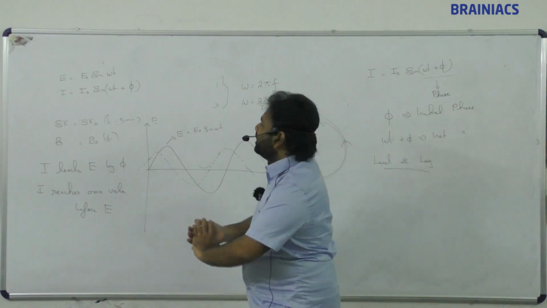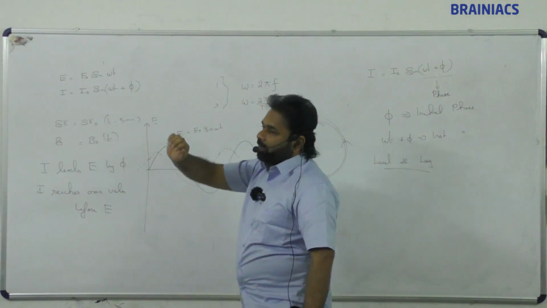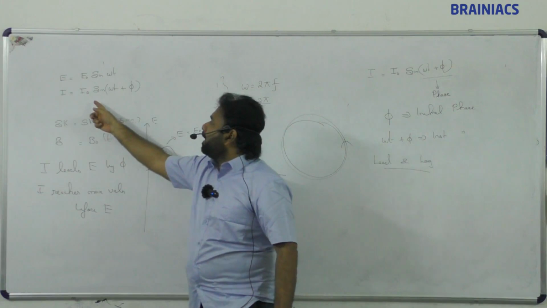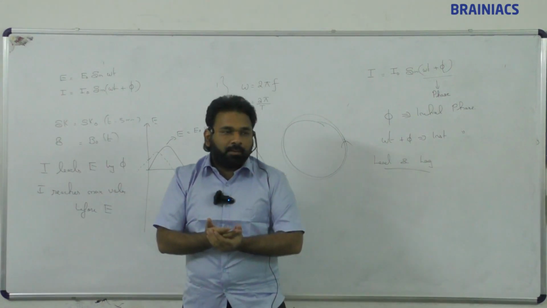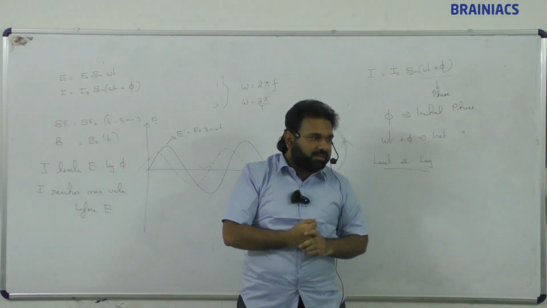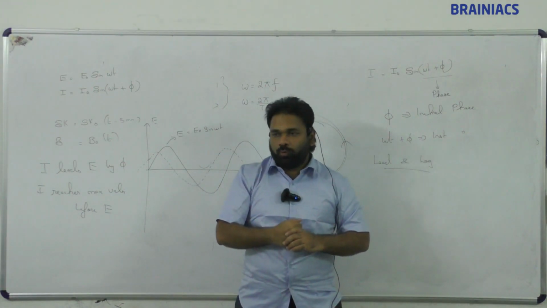Okay, so here suppose I ask: if the voltage leads current by pi by 2, what will happen?